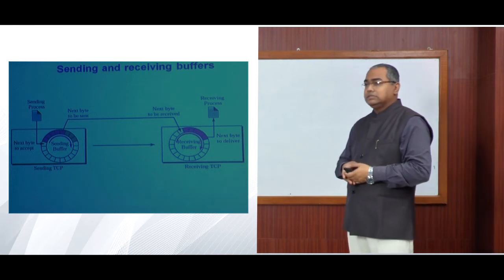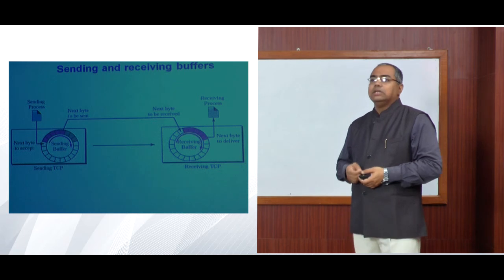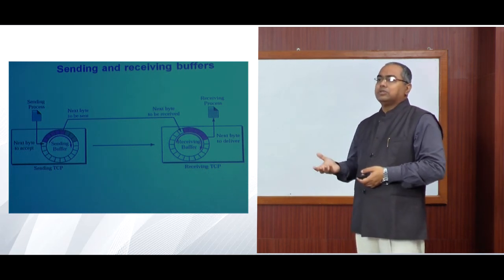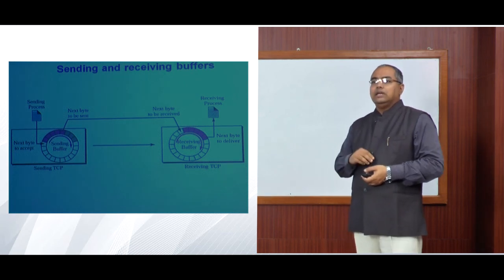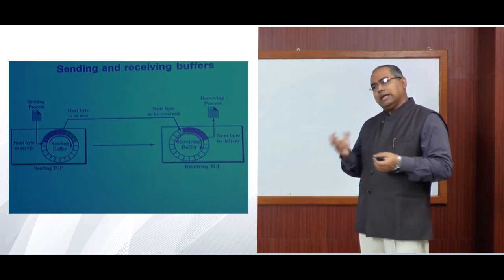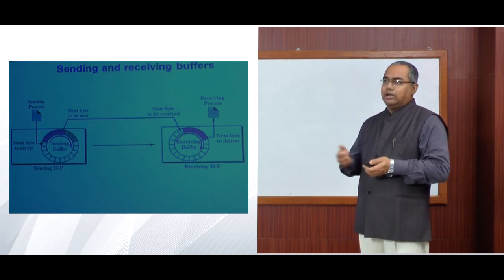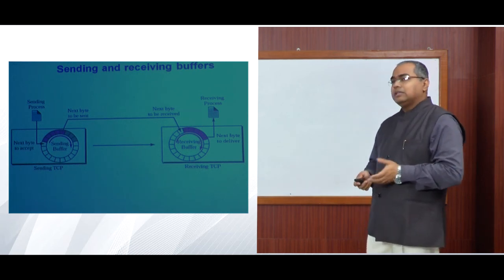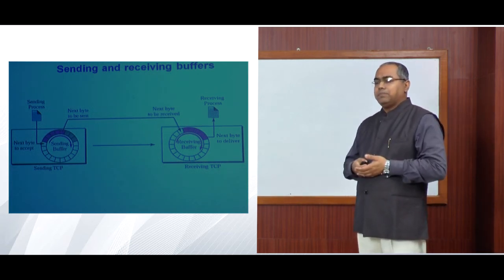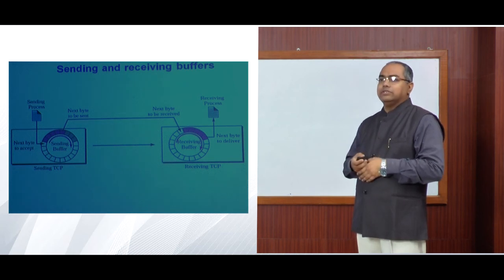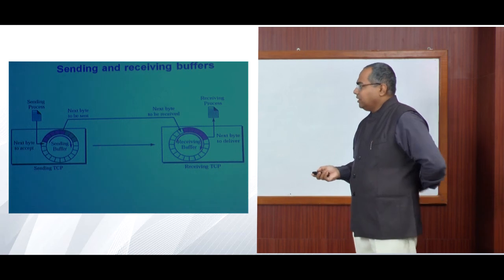Full duplex in the sense, I hope all of us remember that transmission can be of three types: simplex, where the sender keeps on sending and the receiver keeps on receiving; half duplex, where both the entities can send, but one at a time, they cannot send simultaneously; and the last one is full duplex communication, when both the parties can send and receive simultaneously. So TCP is full duplex in nature.